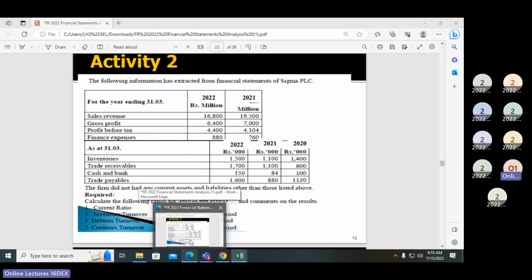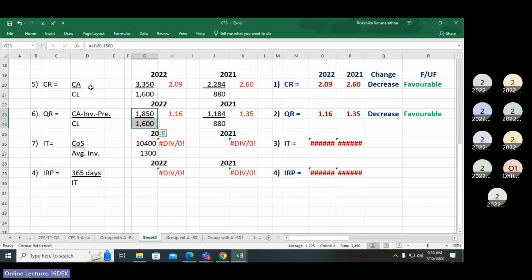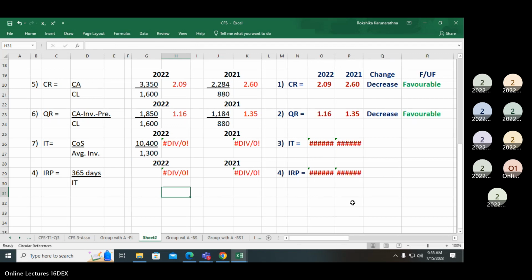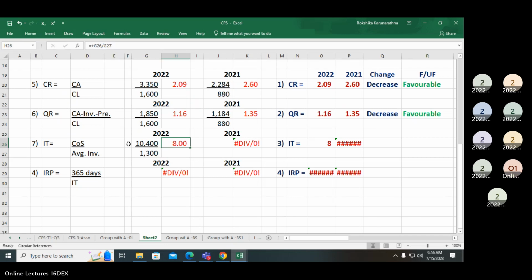Opening inventory 1,100, closing inventory 1,500, divide by 2, 1,300.